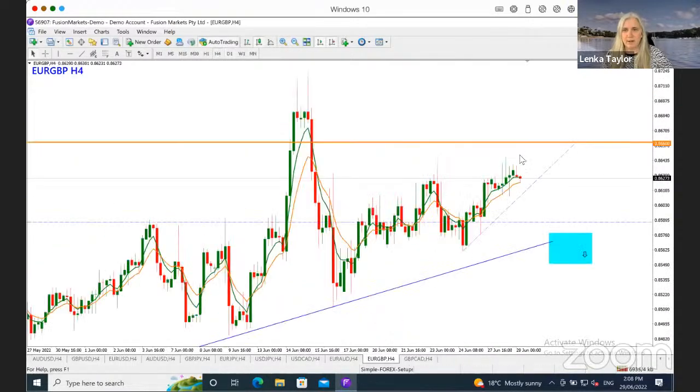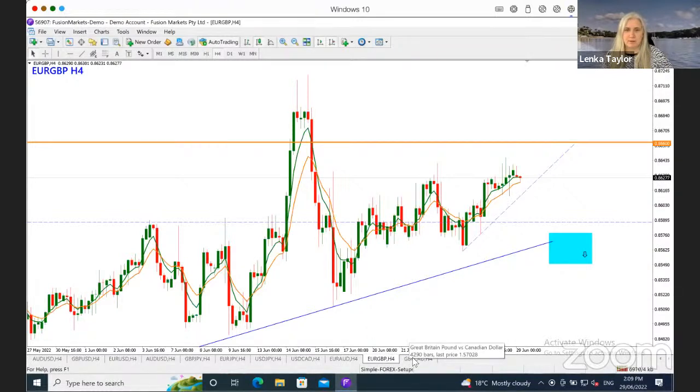So now we are again getting quite close into that area. So I would look for the price to go there and then reverse at that point, or if it just goes below the previous trend line, that would be a good option as well. So let's see where that is going to end up.